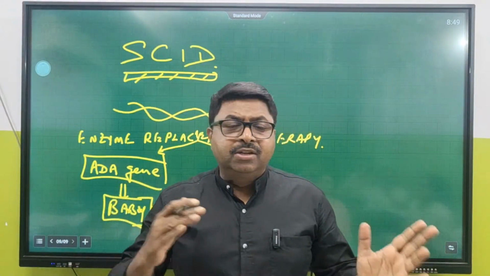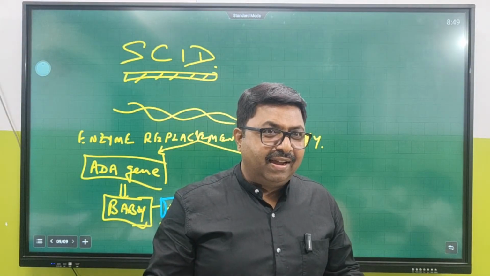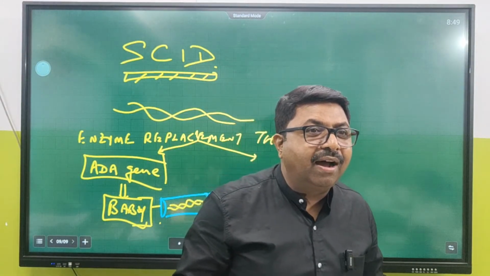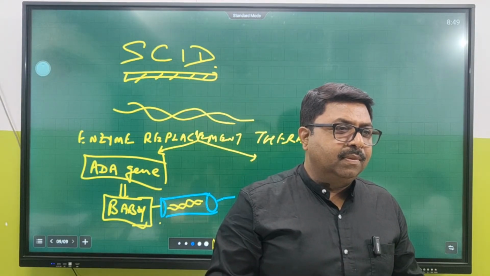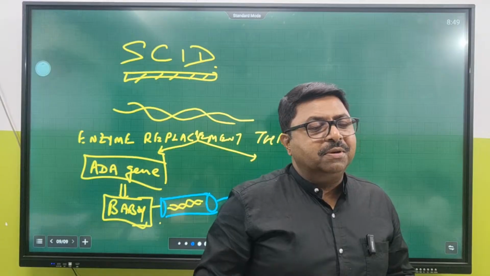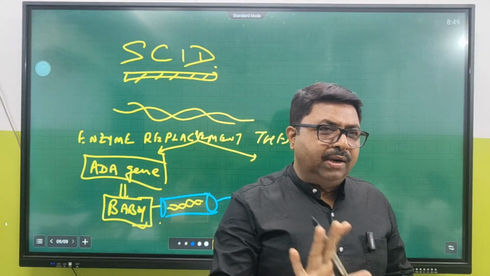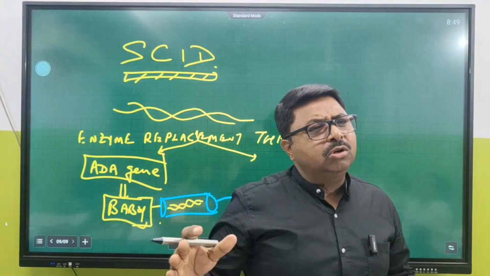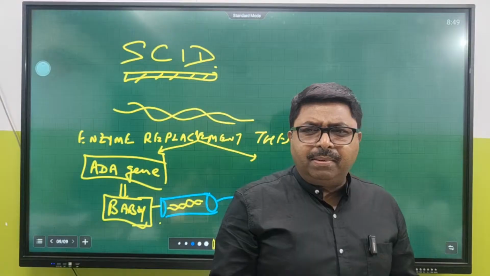But the body has no protection for that. You are just placing the ADA gene inside the body and you want it to last long, but it's going to get degraded.